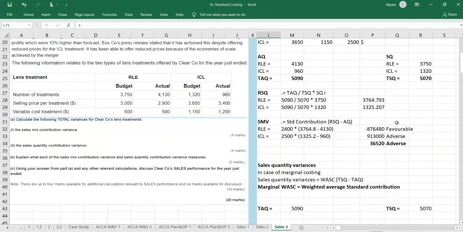So we'll get the comment from here. Sales mix variance. From there we'll try to get a comment.